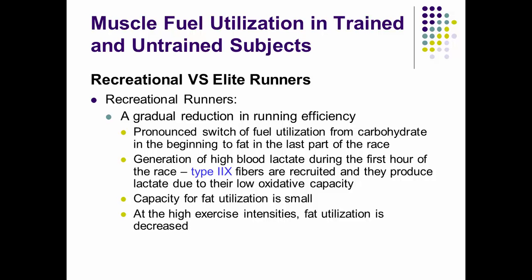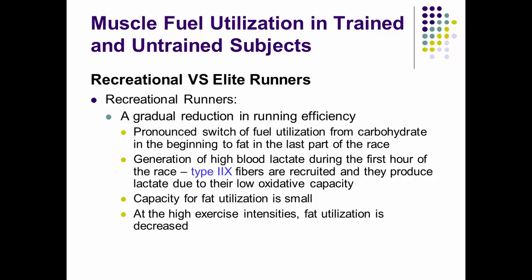Here, just to make a comparison between the recreational versus the elite runners, and what is the difference between these two types of runners in fuel utilization. So let's see the recreational runners. During the exercise period, the running efficiency gradually decreased.